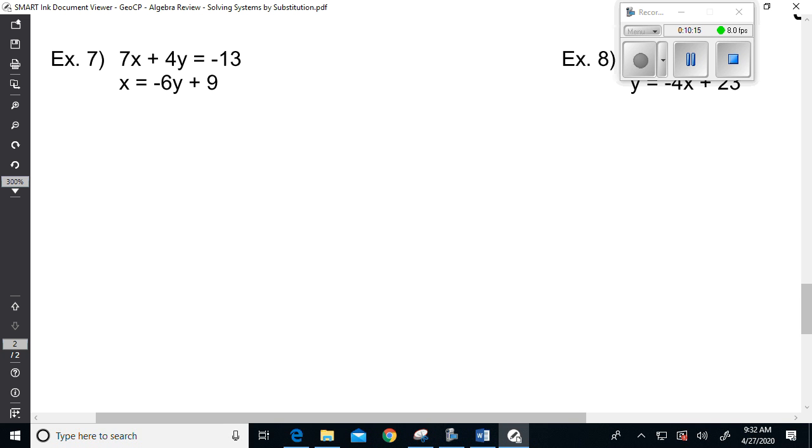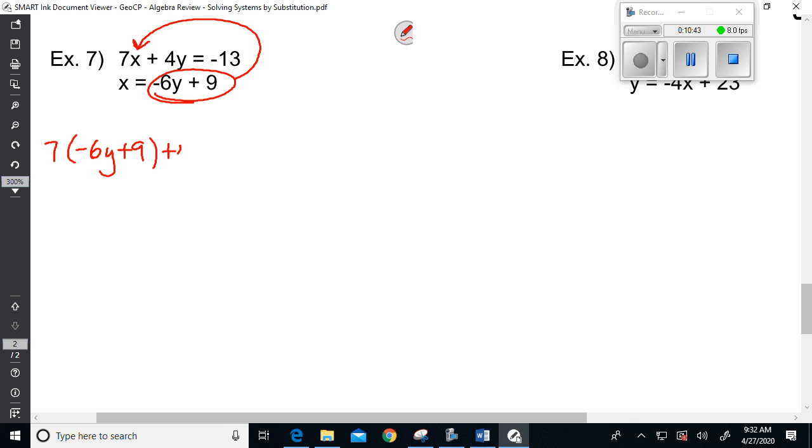So, again, you have x equals something, so that's a giveaway to do the substitution method. So take negative 6y plus 9 and plug it in for x. So that gives you 7 times negative 6y plus 9 plus 4y equals negative 13.